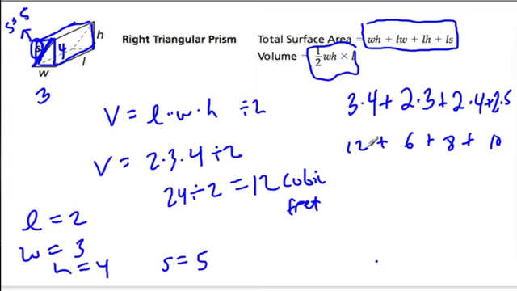We add these up. 12 plus 6 is 18, plus 8 is 26, plus 10 is 36. This is 36 square feet. And this, I think, is a basic rundown of the three-dimensional shapes we'll deal with.